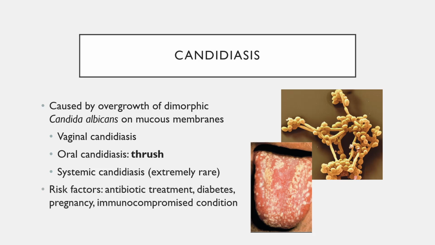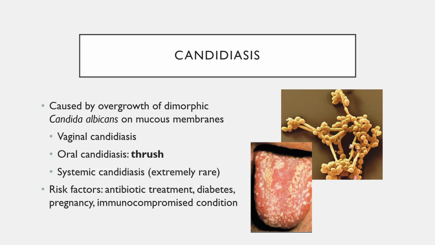Risk factors for the emergence of candidiasis include broad-spectrum antibiotic treatment. Broad-spectrum antibiotics will kill normal members of your microbiome, but it will not affect the fungus that is present in your microbiome because remember, antibiotics are antibacterial drugs. They selectively kill bacteria by targeting their cell wall material, by targeting their ribosomes, etc., but they have no effect on fungus.